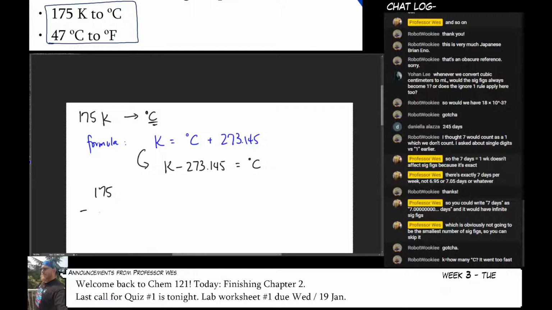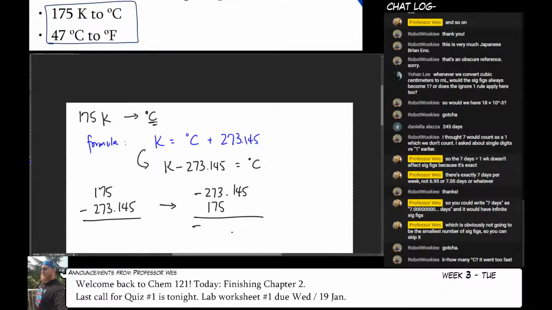175 minus 273.145. Now, if you are subtracting a bigger number from a smaller number, here's the way that I do this. I flip the 2, and then my answer will be negative, and I just do the subtraction like normal. Alternatively, you could just punch it in your calculator, but I do want to show you this for purposes of sig figs.